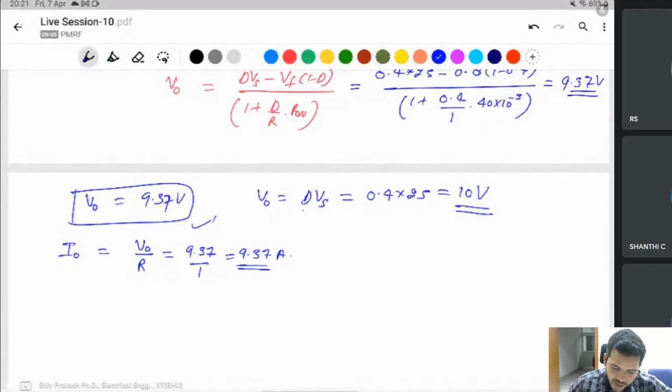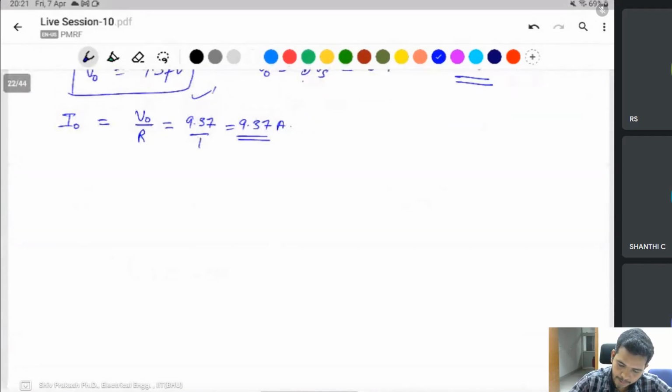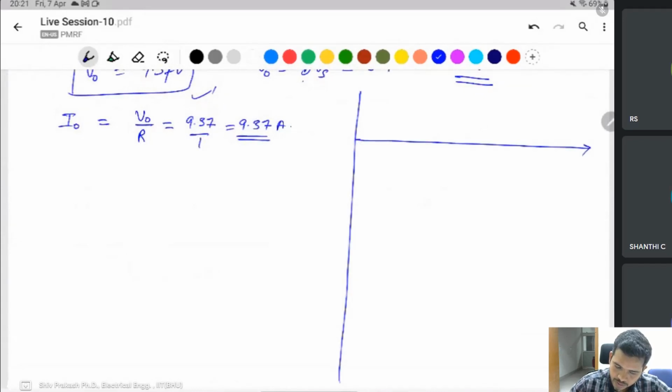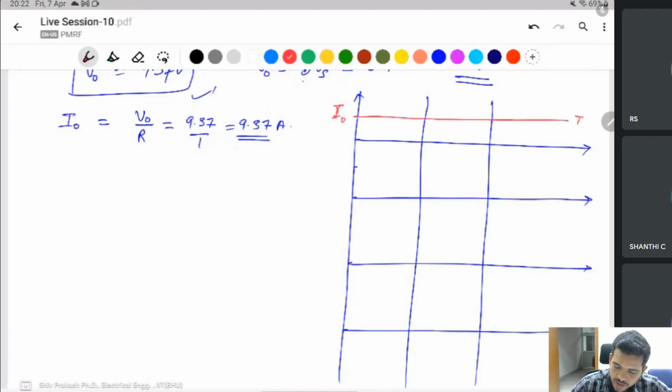Now what will be the RMS current of the switch? We take the output current as constant, the same as IL, the average current.